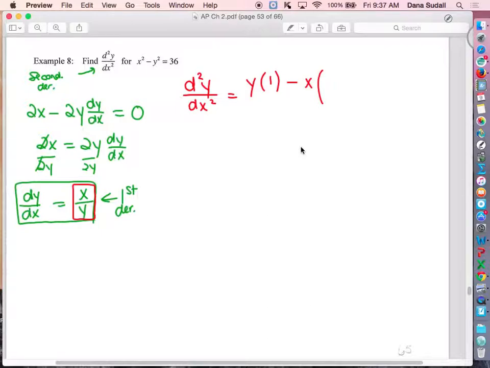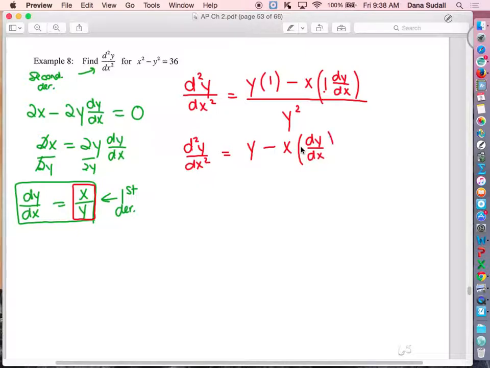The derivative of y is just 1, but it's not an x, so I need a dy over dx. And you could write this 1 or not write that 1. It's all good. And then it's all over the bottom squared. So I have y minus x dy over dx all over y squared.